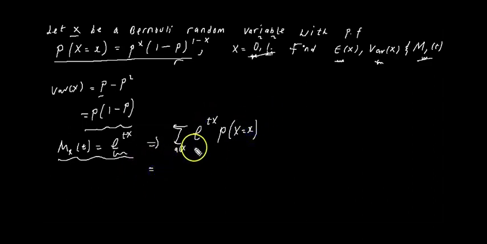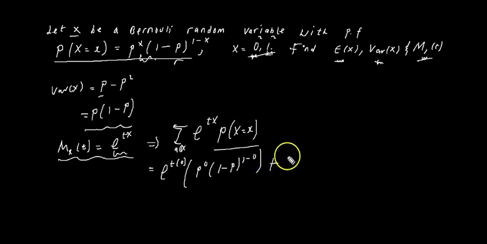The same way, we're going to say x is 0 first of all, so it will be e to the t times 0. Then this distribution, we use that, and this will be p to the 0, 1 minus p to the 1 minus 0, plus, and we will have e to the t times 1, then p to the 1, 1 minus p to the 1 minus 1.